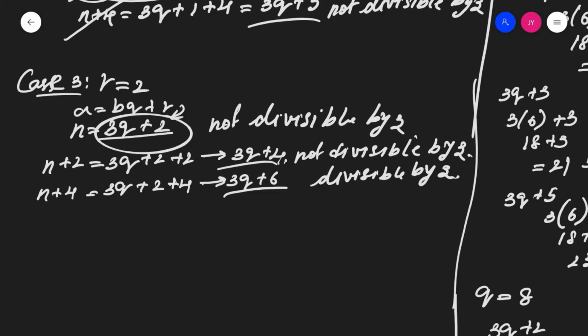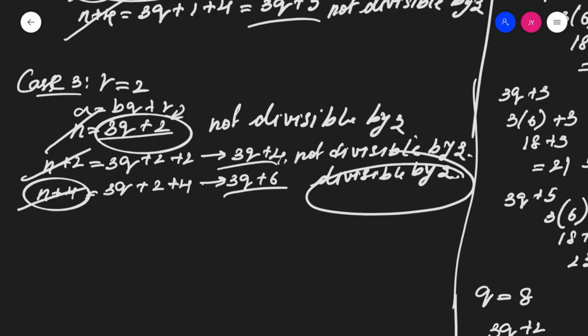See, only one is divisible by 3. Again, show that one and only one out of n plus 2 and n plus 4 is divisible by 3.